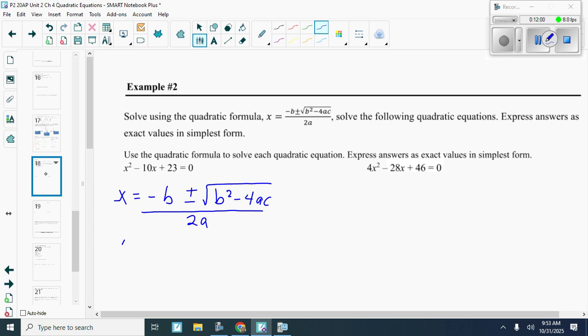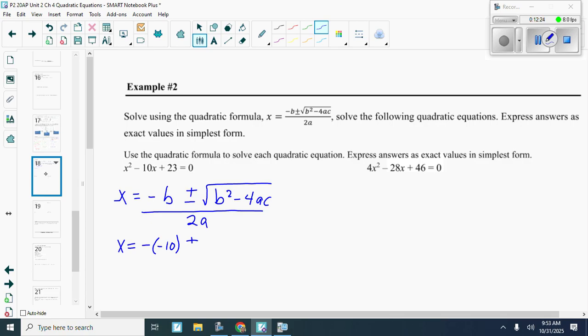Okay, so let's sub in. x is equal to negative 10. I do want you to write it out this way when we're subbing in. After, when we clean it up, then you can write positive 10. But when we're subbing in, I need to see that if b is negative, you recognize that there's a negative.